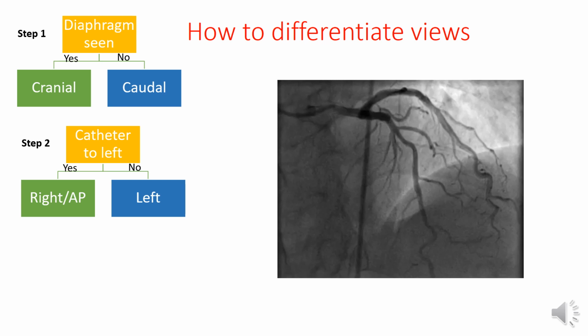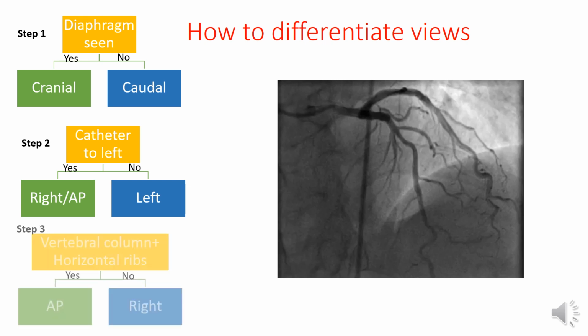So how to differentiate between right and epicranial? Simply, when we are seeing the vertebral column and the ribs are horizontal, this means we are looking anteroposteriorly, so it is an anteroposterior view. When we are seeing just the ribs and their direction is oblique, this is a right view.